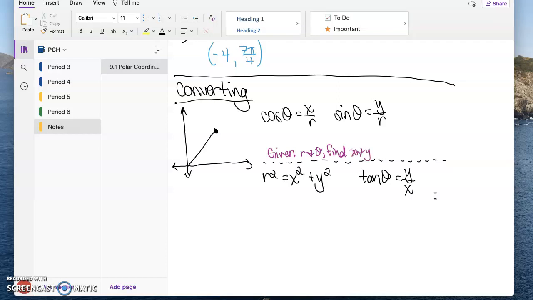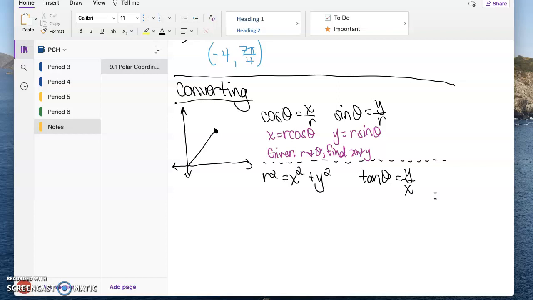And we're going to solve for x or y because we're trying to find x and or y, usually and. So I can rewrite this equation as x equals r cosine theta, just multiplying by r on both sides, and I can rewrite this equation as y equals r sine theta, again multiplying by r on both sides. So if I'm given an r and a theta and I need to find an x and a y, I'm going to use those 2 equations.